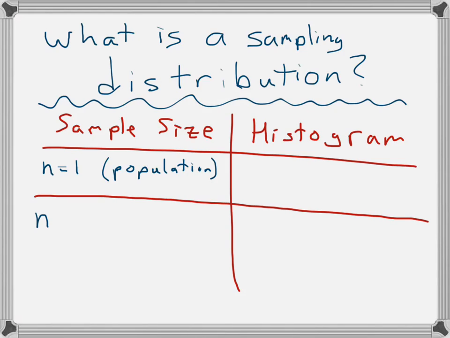And if you average every single person together, you get the average of the population. Now suppose you took a bunch of samples of size 5, and then you averaged those together, and those averages you put into a distribution.